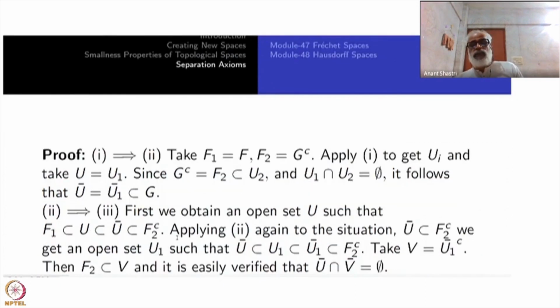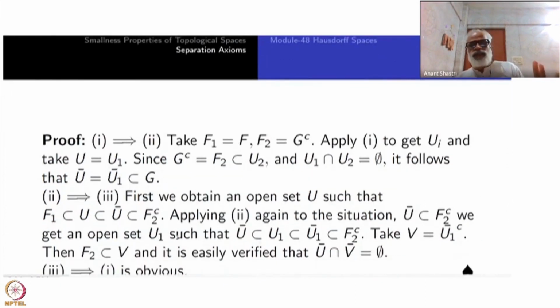Similarly, 2 implies 1, with identical proofs. First, obtain an open set U such that F1 is inside U, contained inside U bar, contained inside F2 complement. F2 complement is open, and F1 and F2 disjoint means F1 is contained inside F2 complement. So in between, I can put an open set U, such that U is contained in U bar, contained inside F2 complement.